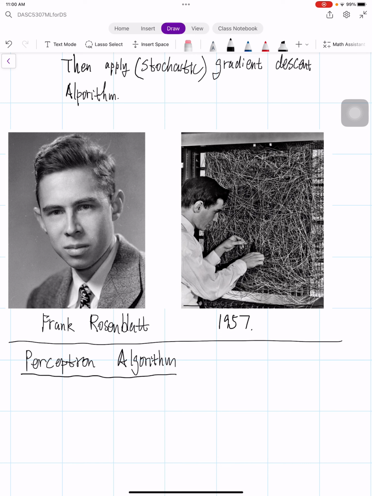And why is this so important? Because it has a very nice property: a convergence theorem. It's called the perceptron theorem.